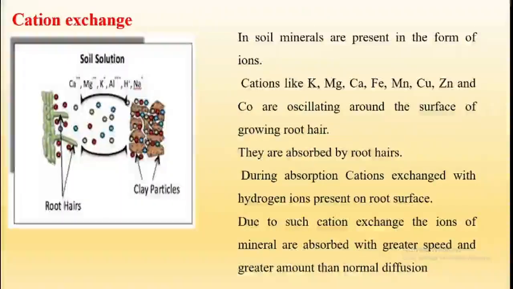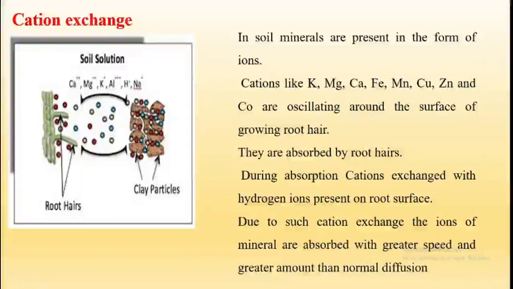Cation exchange. In soil, minerals are present in the form of ions. Cations like K, that is potassium, magnesium, calcium, iron, manganese, copper, zinc and cobalt are oscillating around the surface of growing root hairs.